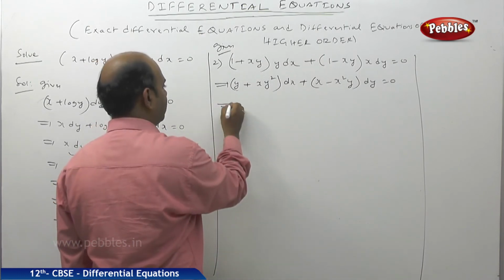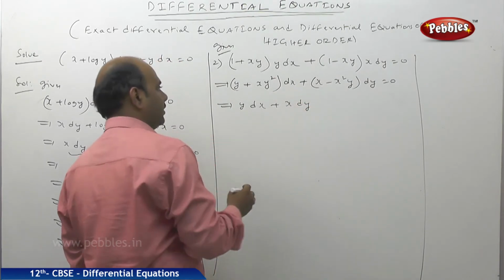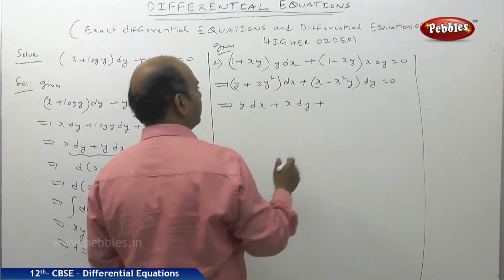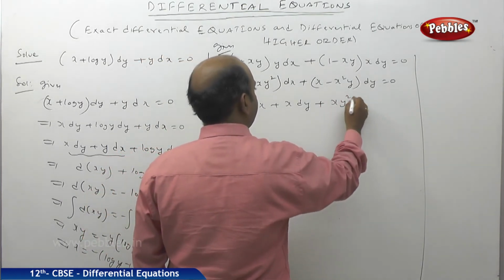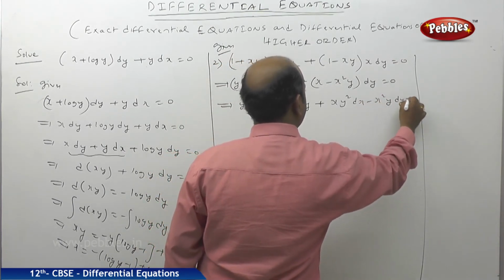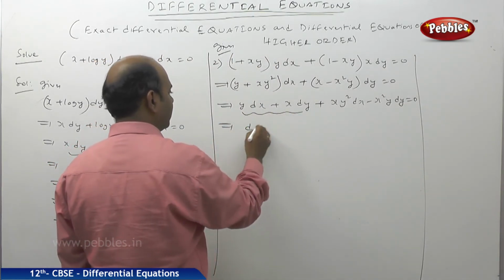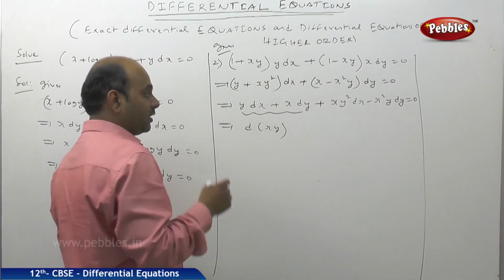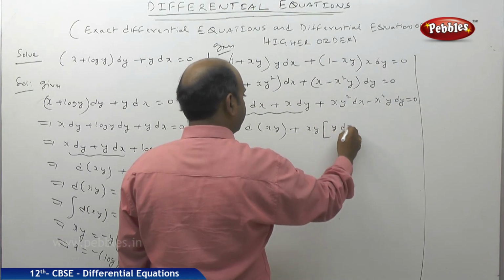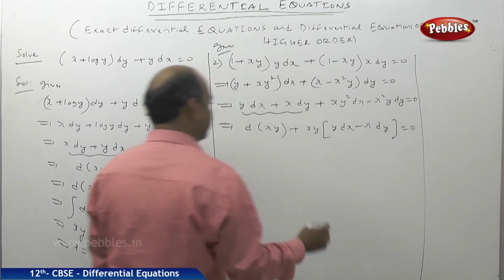So that implies y dx plus x dy, and here if you observe carefully, plus xy square dx minus x square y dy equal to 0. So this I can write as d of xy by the result, and from here I can take xy common. If I take xy common, I am getting y dx minus x dy equal to 0.